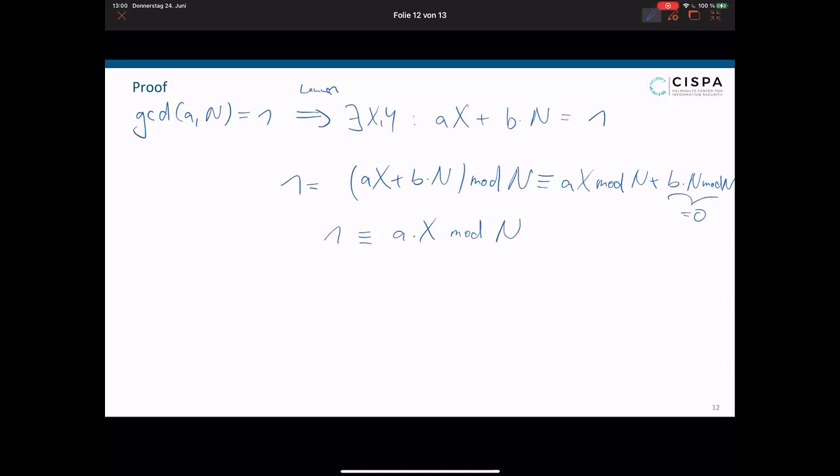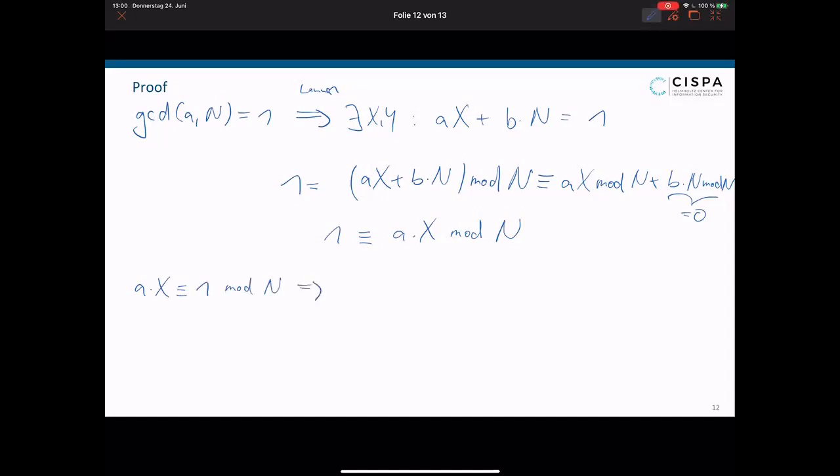So in the other direction, what if we have a multiplicative inverse? What if a times x is congruent to 1 modulo n?